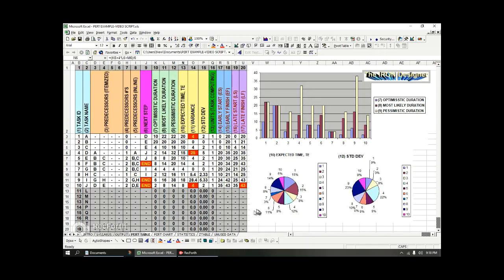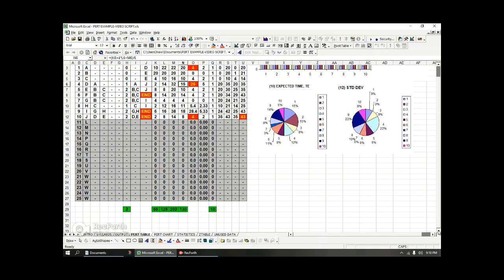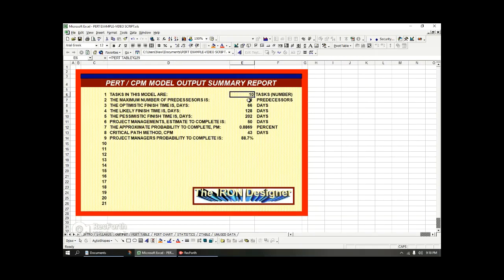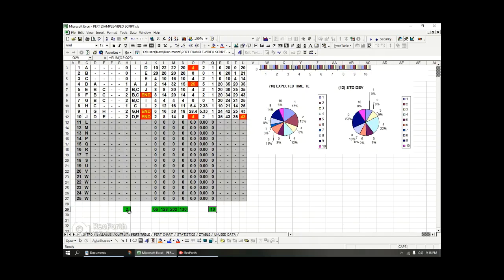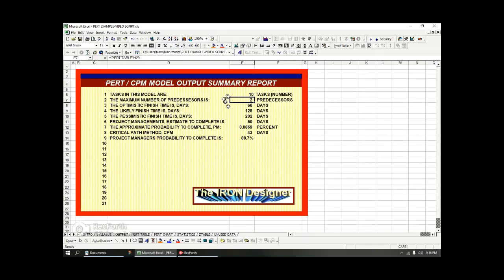There are 10 tasks in the model. We got that from the Pert Table Q29. You remember when I added these up, and then you go down here, and that's the 10 right there. That's Q29, okay? So everything in here, the max predecessors, is again coming from here. So this is just max. See the max of this column.